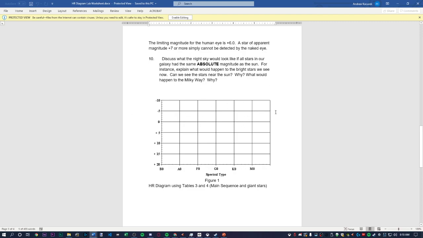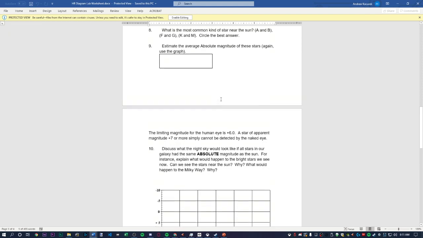All you need to do is put a sheet of paper or, like I said, a ruler or something like that, and estimate in the middle. So you need to have as many stars above the ruler or sheet of paper as you have below it, and you'll estimate over here. It's not too hard. It doesn't have to be super exact. That's why we say estimate, and that's fine.